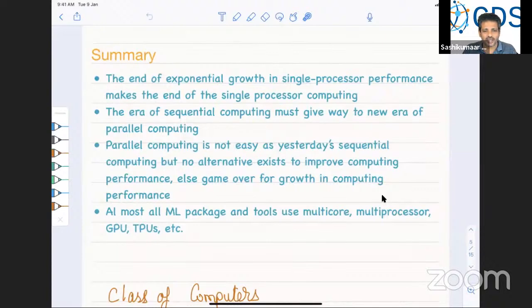And the next point is that parallel computing is not easy. As with sequential programming, of course, one has to spend some time to understand the architecture and different memory types, and then learn and implement. But no alternative exists to improve computing performance. If you don't do it, then the game is over for computing performance.